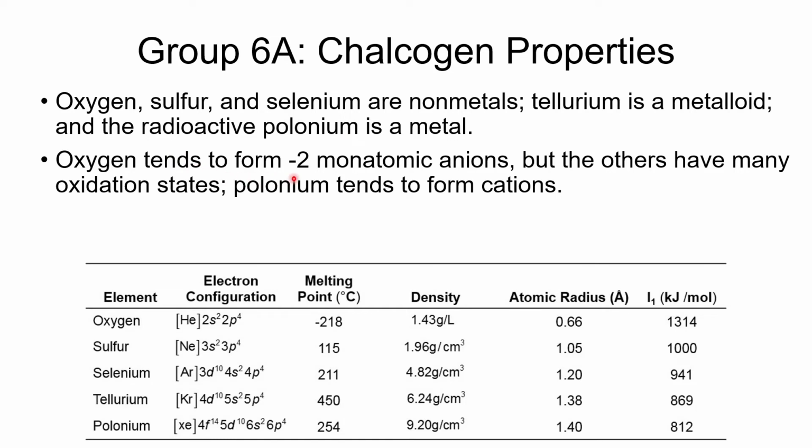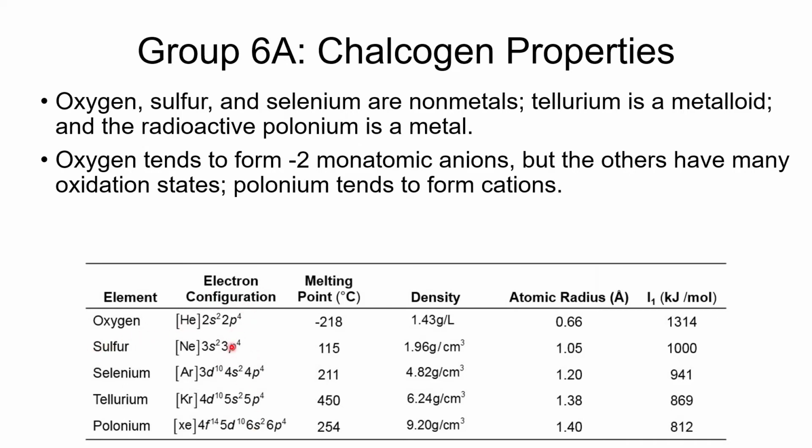Oxygen tends to form -2 monatomic anions, but it also can form, as we saw a little bit earlier, peroxides and superoxides. And then the other elements have many oxidation states. So sulfur and selenium and tellurium tend to have lots of other oxidation states. Polonium tends to form cations, which is kind of interesting.